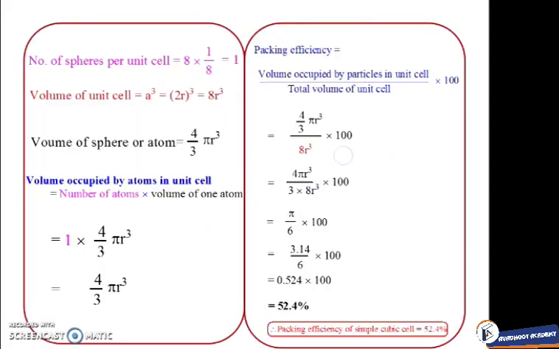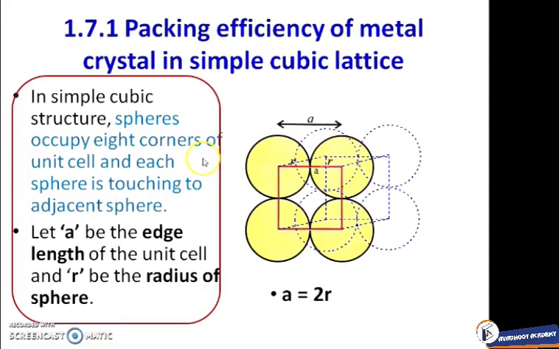Next point, packing efficiency of metal crystal in simple cubic lattice. From an examination point of view, this is a very important point. In simple cubic structure, we all know that spheres occupy the 8 corners of the unit cell and each sphere touches adjacent spheres.